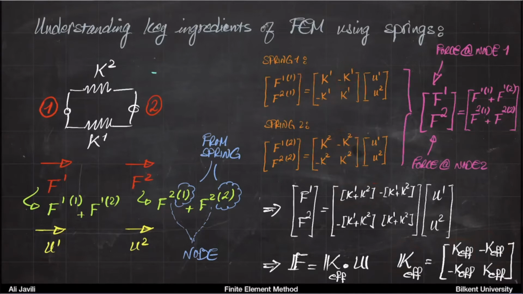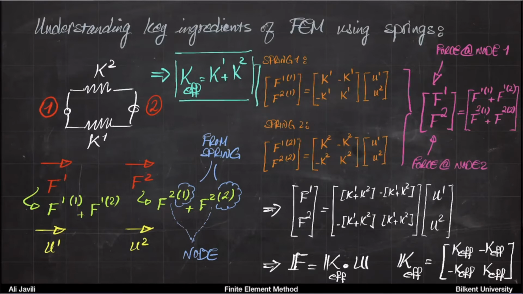Okay, so for this system, we just proved that K effective is K1 plus K2. That is the first question we wanted to answer. Okay, so this is the first system.